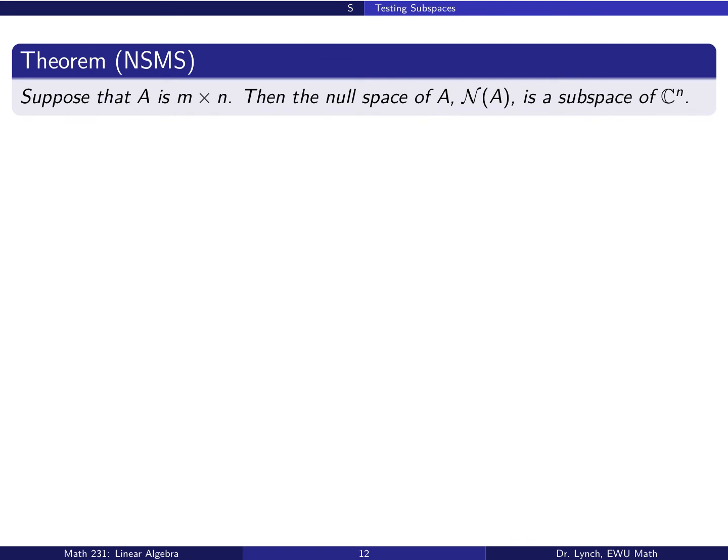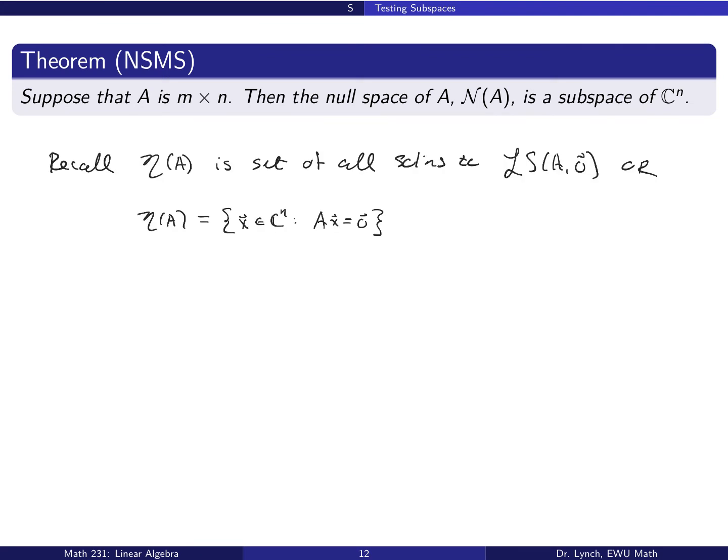Here's an example. Suppose that A is an M by N matrix. The null space of A is always a subspace of Cn. And this is a pretty cool proof because it takes finding that null space back to identifying that there's a vector matrix equation that is equivalent to finding the null space.